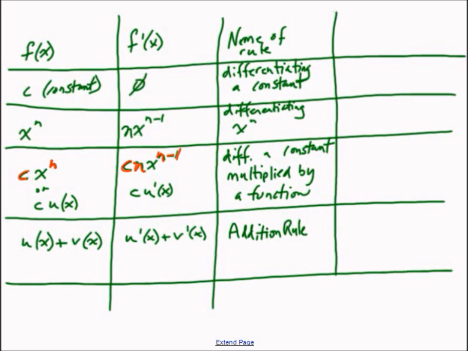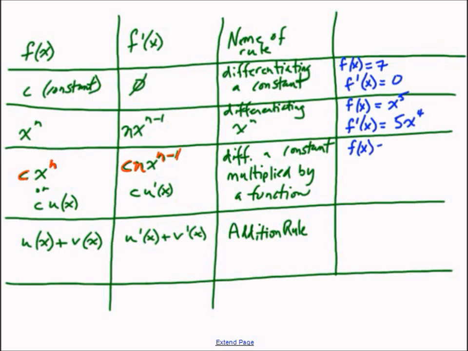Here's some basic examples here for each of these. If f of x equals 7, then f dash x, the derivative, is 0. If f of x equals x to the power of 5, we haven't looked at that one yet, then the derivative is 5x to the power of 4.